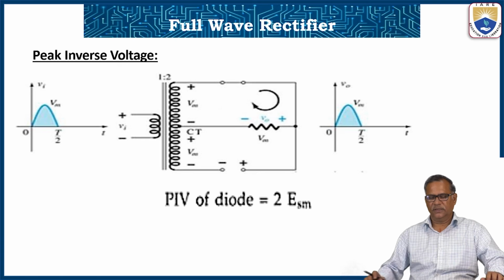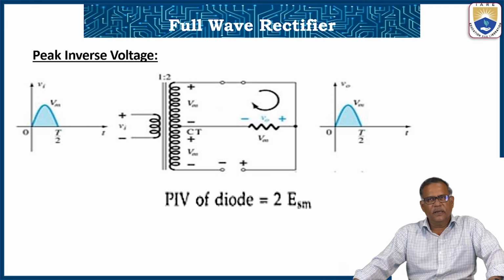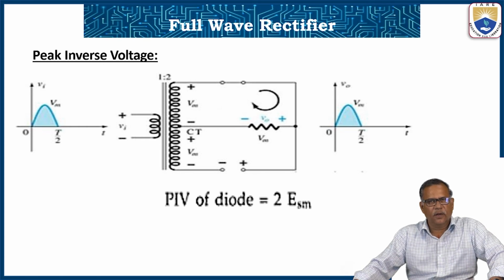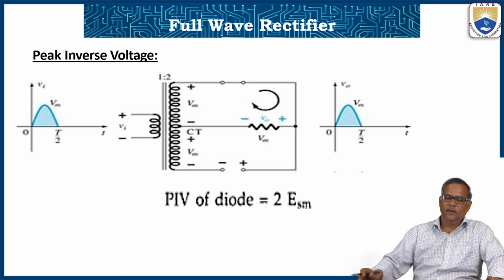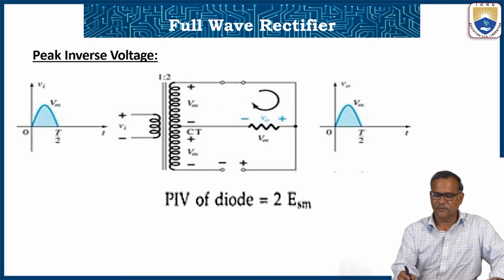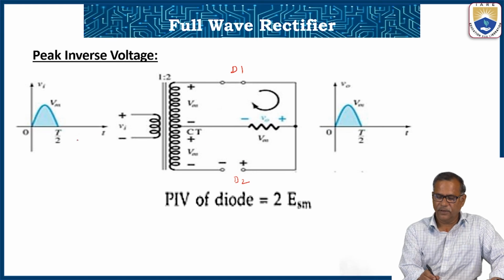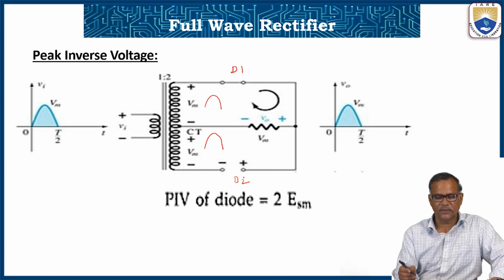The peak inverse voltage is a very important parameter. It indicates the maximum voltage the diode experiences during the operation of the circuit. You see here, when D1 is forward biased and D2 is reverse biased during the positive half cycle, the diode is reverse biased.